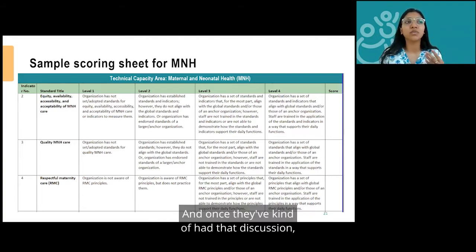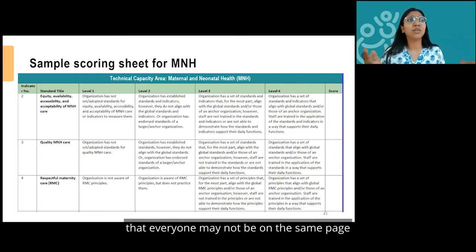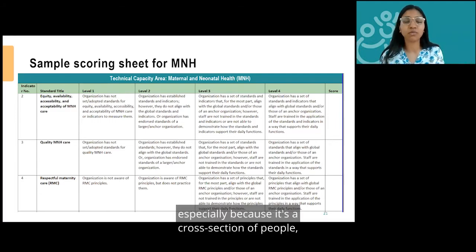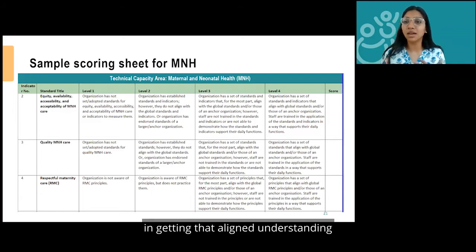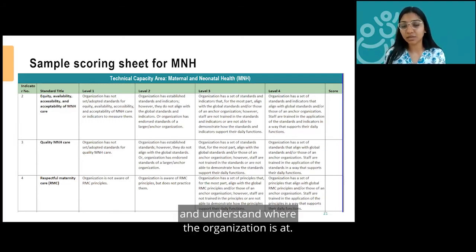Once they've had that discussion, and a lot of times we see that everyone may not be on the same page in the organization about a number of things, especially because it's a cross-section of people, this discussion helps in getting that aligned understanding that then provides a basis for them to score against the areas and understand where the organization is at.